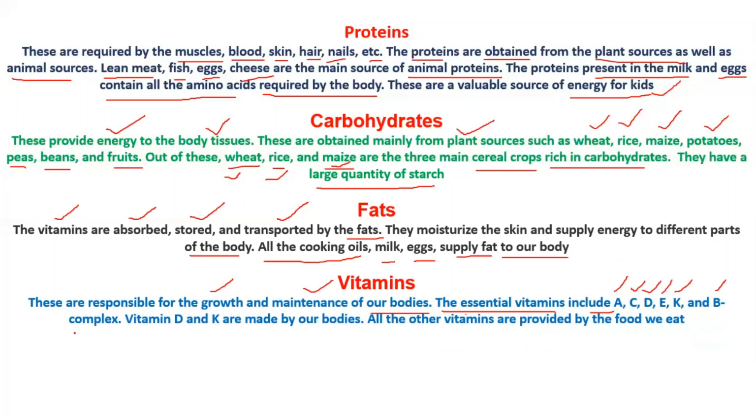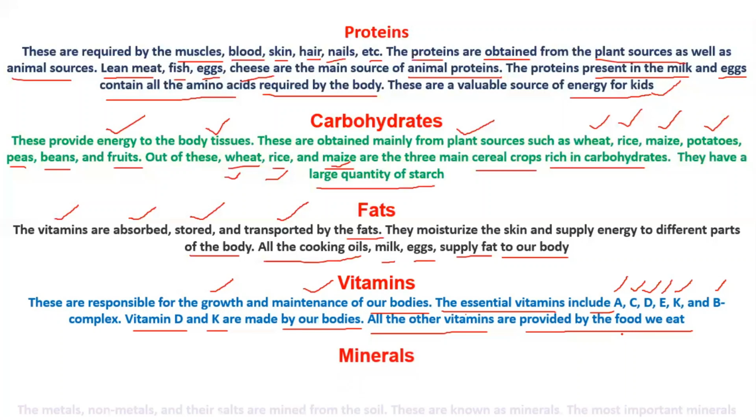Vitamin D and vitamin K are made by our bodies. All the other vitamins are provided to our body by the food we eat.